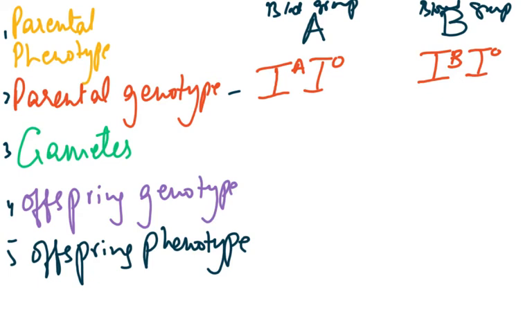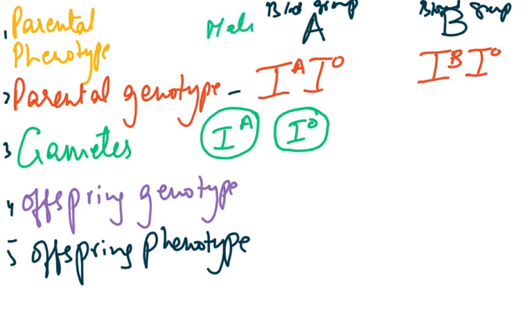Now the gametes, how do we write them? We just write them separately, whatever you've written in the previous line. The reason is that meiosis would result in the gametes having one of each pair. So if this is a male, then the sperms would be of 2 types: either they have the IA or the IO.